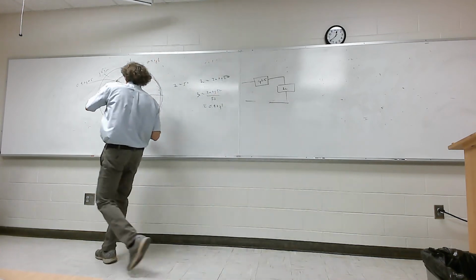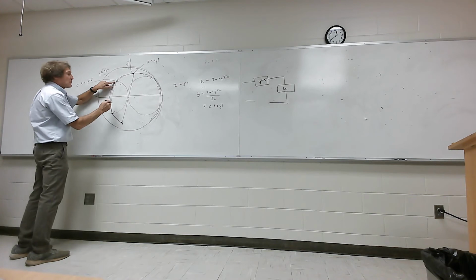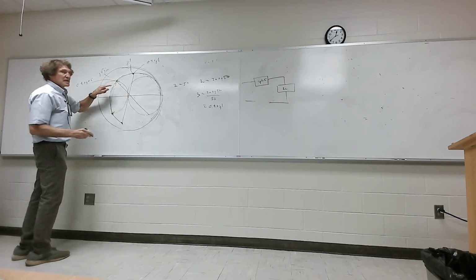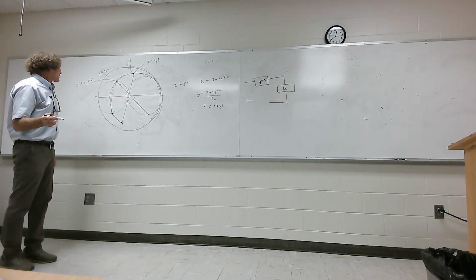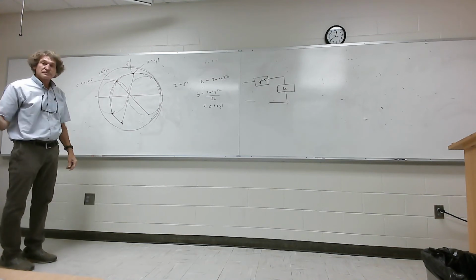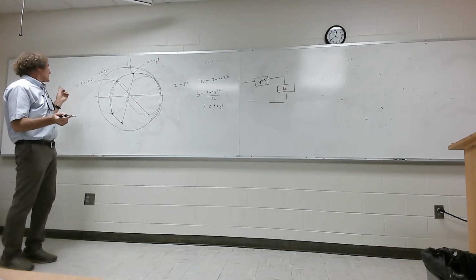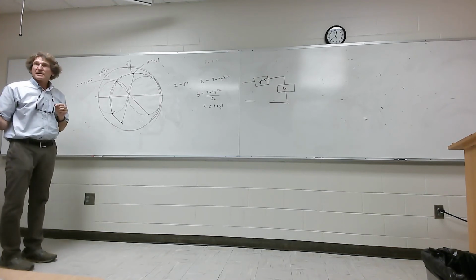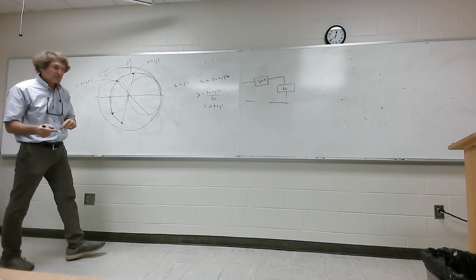Now I'm here. Now take 0.4 plus J0.5 and 1 over it. Is this the 1 plus J, the 1 minus J2? What do you get for that one? 0.4 plus J0.5? 1 minus J1.2.